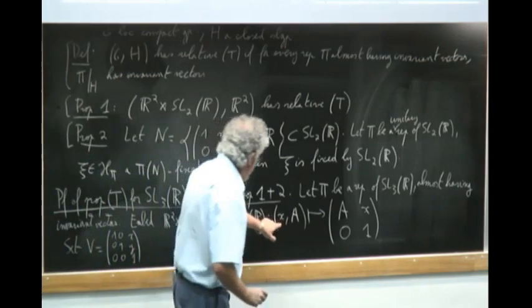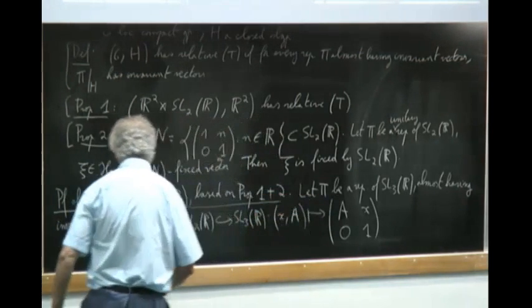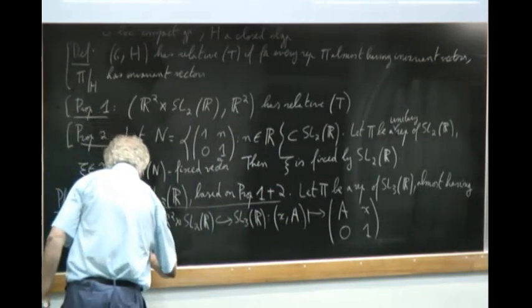Let me give a name to the image of R2 under that embedding. Let me call it V.